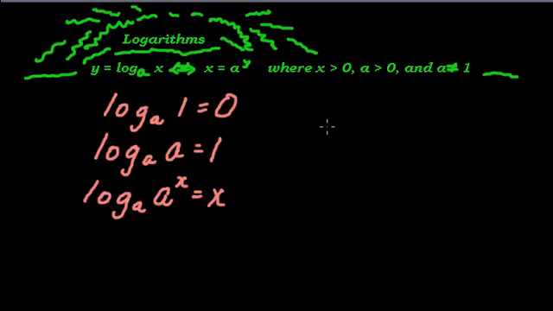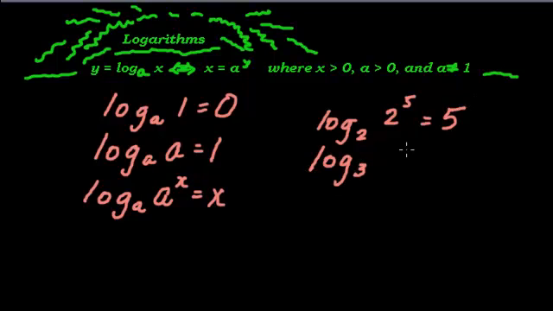Let's look at this third one and see if we can see how that applies. Let's look at a few examples. Log base 2 of, let's say, 2 to the 5th. Well, log asks the question, how many powers of my base do I have? So 5. Log base 3 of, let's say, 3 squared. And how many powers of my base do I have? That would be 2.